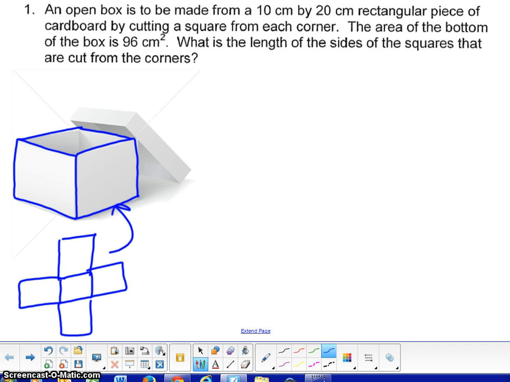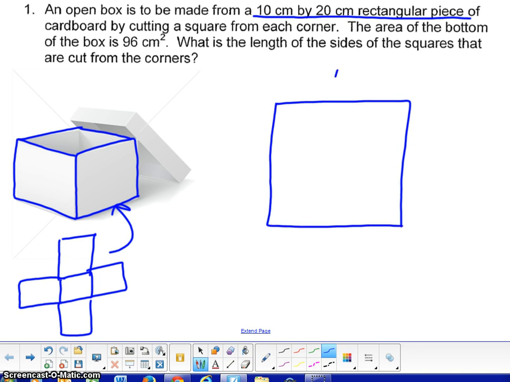Okay, so now that you have a better understanding of what an open box represents, what this is saying is that each box is going to start with a rectangular piece that's 10 centimeters by 20 centimeters, and you're cutting a square from each corner.